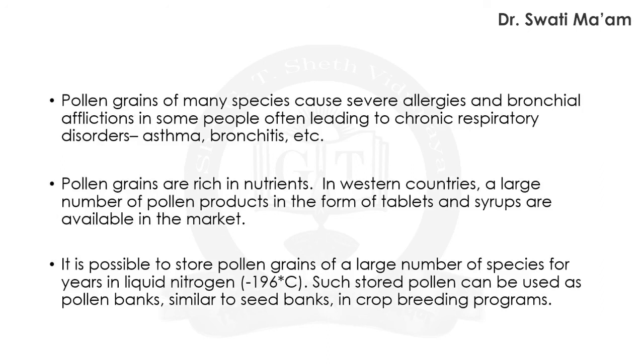These pollens are useful in crop breeding programs, and this technique is known as cryopreservation, and the same term you will come to know within a few chapters afterwards. Most probably in the biodiversity chapter this term will again come. So this is an important term to remember.